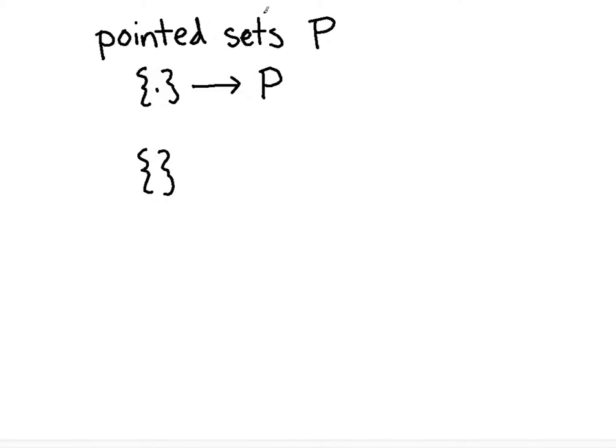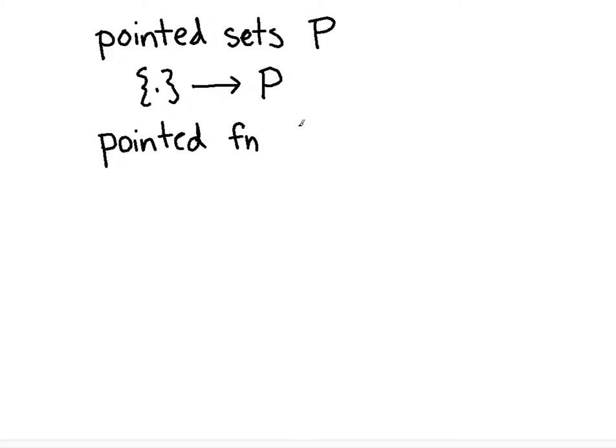Now a pointed function is like a normal function, except that the special point that's picked out here has to map to the special point in the codomain.